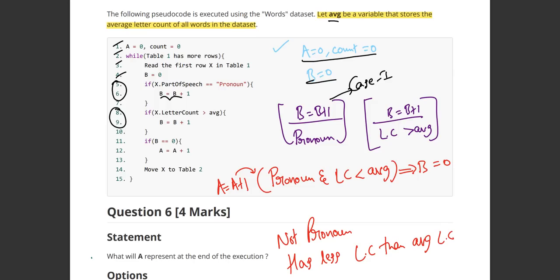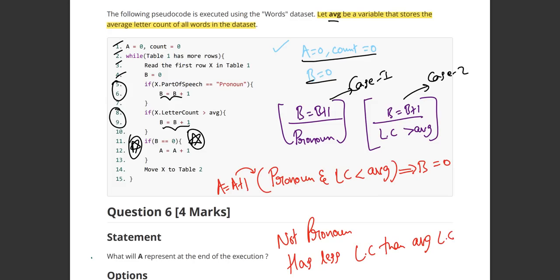If x dot letter count, that means the picked up word's letter count, is greater than the average letter count, only then we can increment B as well. This is case 2. If B is equal to 0, that means if B remains 0, only then we will be incrementing A. So when will B be 0?